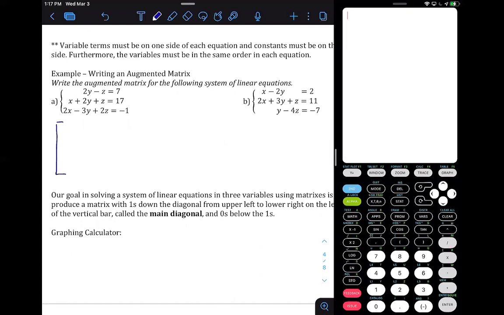Looking at this first one, we have 2y minus z equals 7. So we're missing an x. I'm going to put 0x here. And then our first row of our matrix will be 0, 2, -1. And then we put a vertical bar, which represents our equal sign, and then 7.